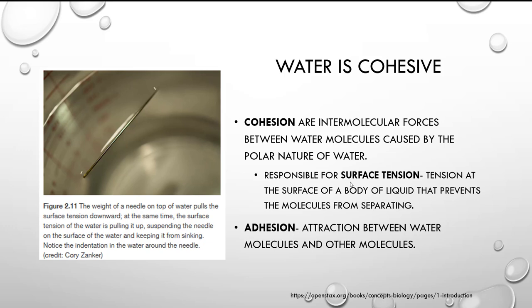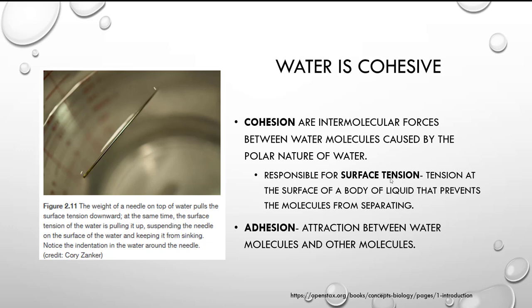This also explains surface tension. So surface tension is where we have tension at the surface of a body of liquid that prevents molecules from separating it. So if you've ever gone to a pond or a stream and you might see those water striders, those insects that kind of can walk on water.